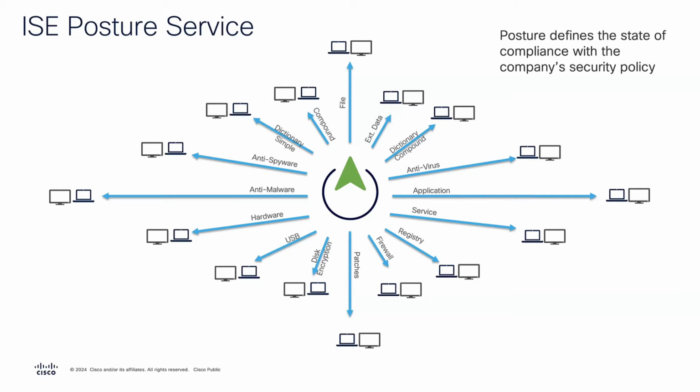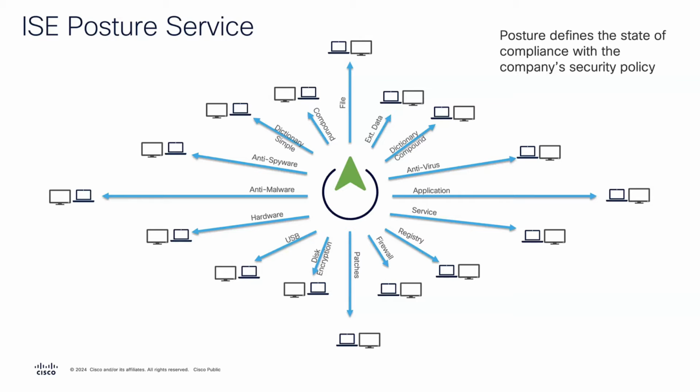Those kinds of security compliance checks are what the posture service is. Once we do all these checks, we want to get the posture status of that endpoint so that we can give access to the endpoints coming over the network.